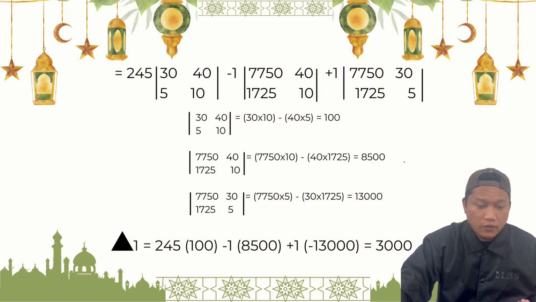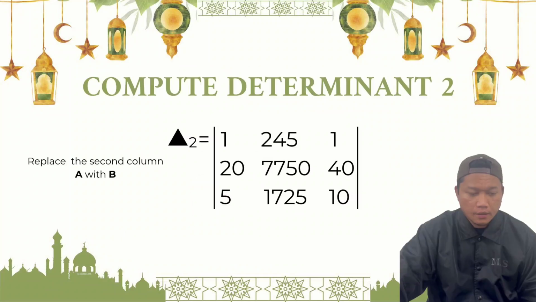Thus, the value of determinant 1 is 3,000.